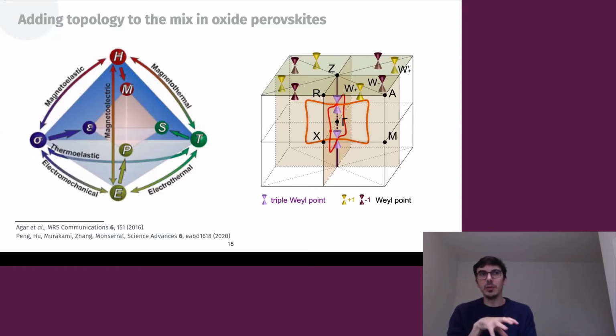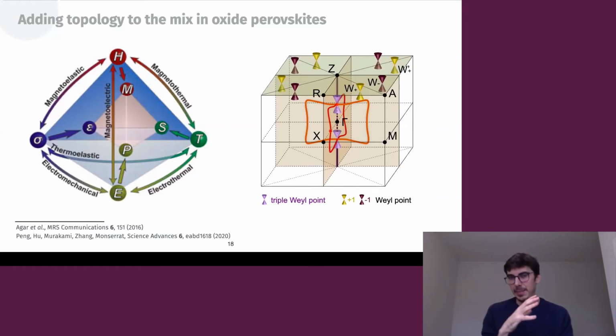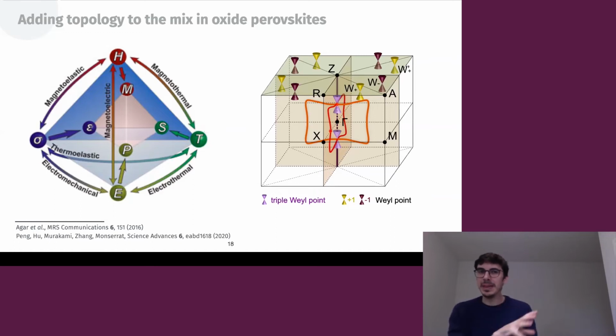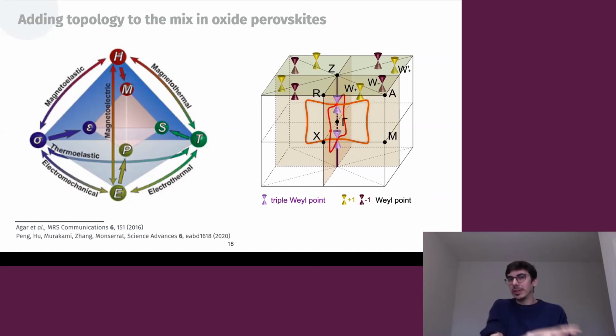And perovskite oxides tend to have very large band gaps, which for reasons I won't get into mean that they will not exhibit electronic topology. But as we've seen, we can still have topological order in these compounds if rather than looking at the electron bands, we look at the phonon bands. So we think there's plenty of scope to explore interesting topological phenomena by themselves and also their interplay with all these other interesting properties of oxide perovskites.